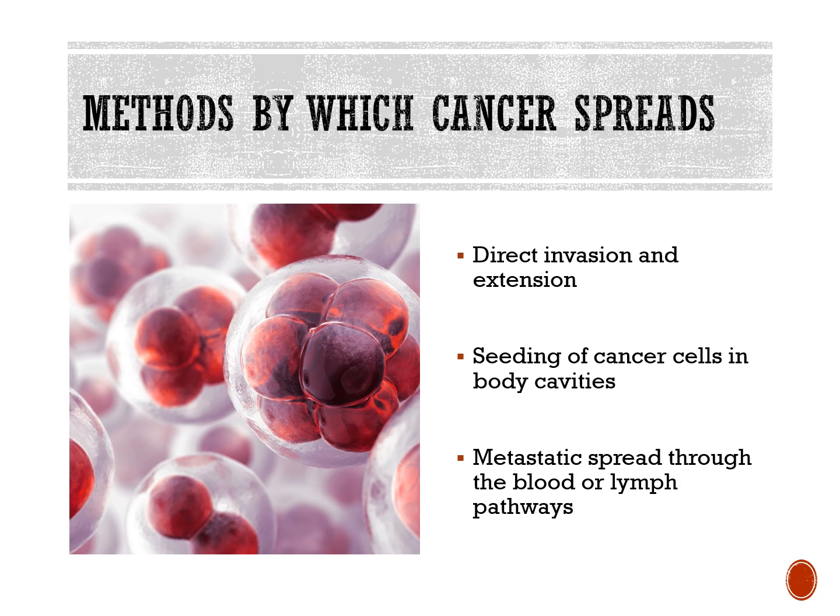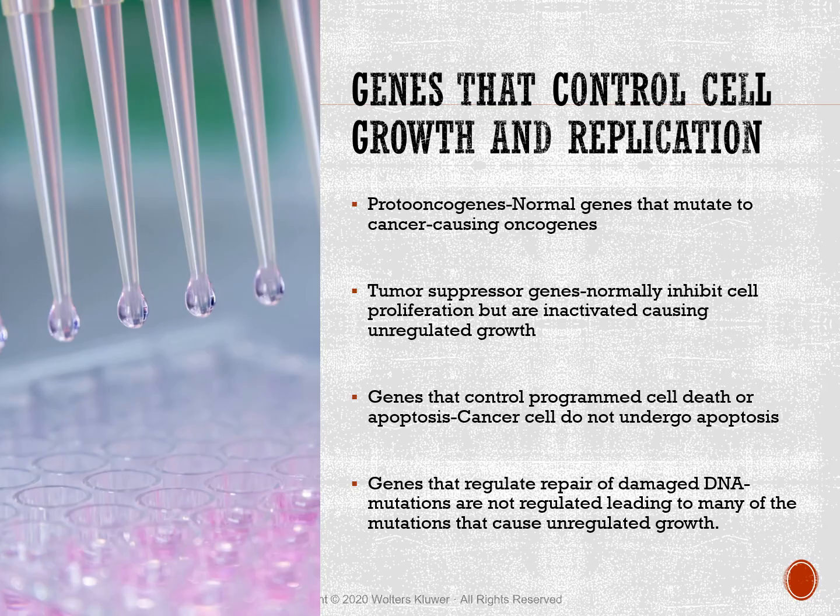And the final metastasis mechanism is spreading through the blood or lymph pathways. In many types of cancer, often one of the first pieces of evidence we have of cancer being even there is finding metastasis in lymph tissue.